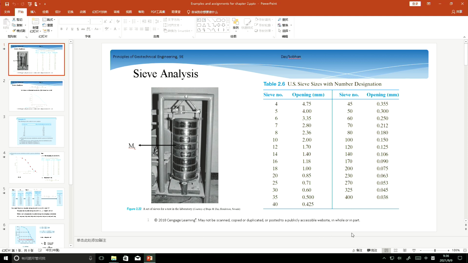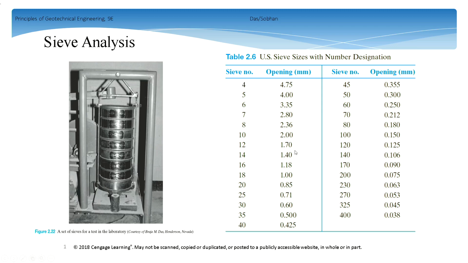Let's see an example. We've already introduced the opening of the sieve, right? The opening is finally the particle size on the x-axis, if we want to obtain a particle size distribution curve.